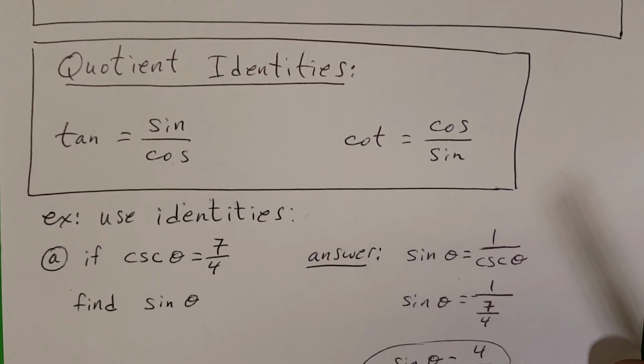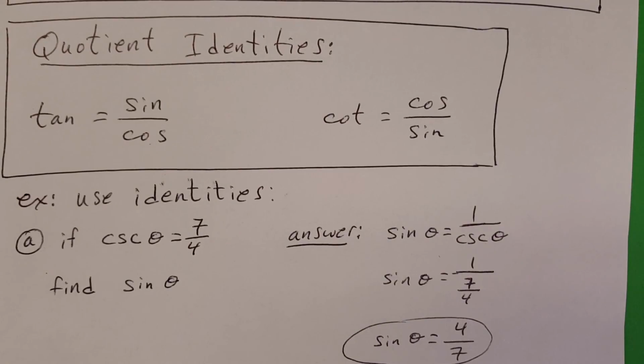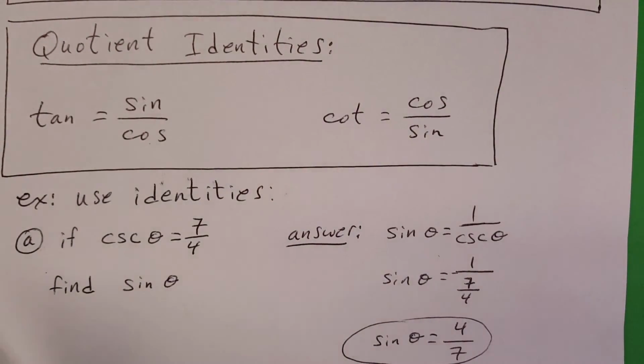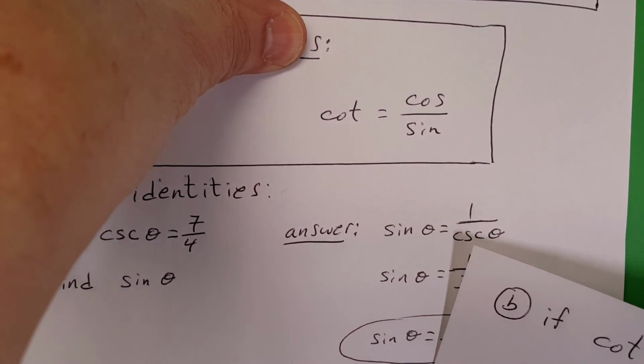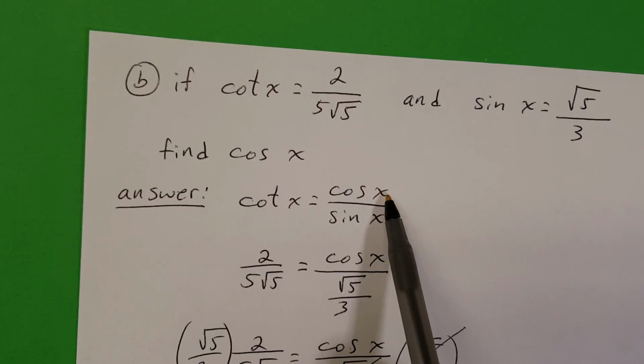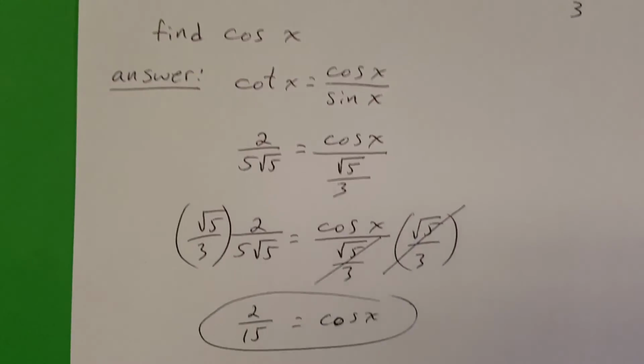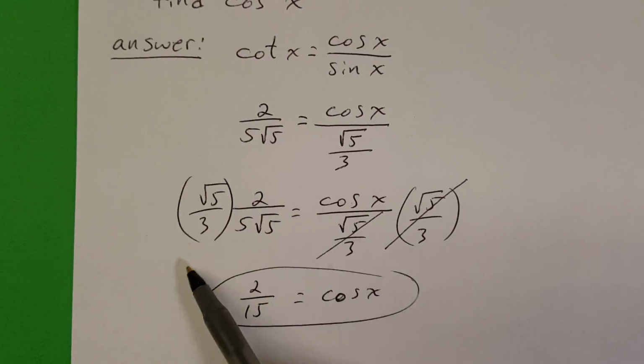Then we did a really simple example. And then we did another example. Right? And remember, all these start with one of the identities that we know. And we plug in the numbers and solve. And we solve just like equations.